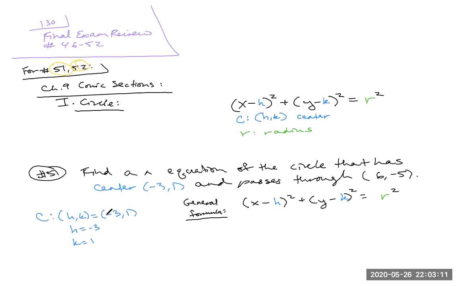Start with the general formula, and once you find your (h, k), plug those in. We have (x minus -3) squared plus (y minus 1) squared equals r squared.